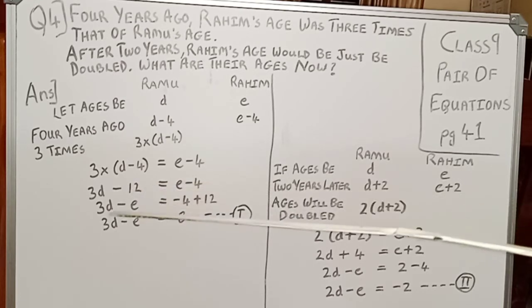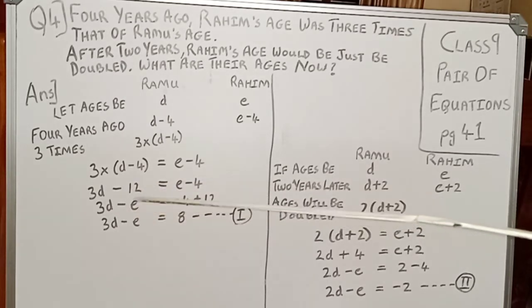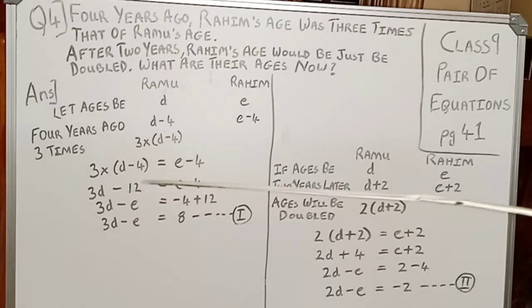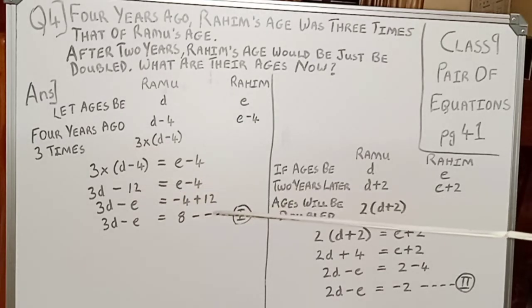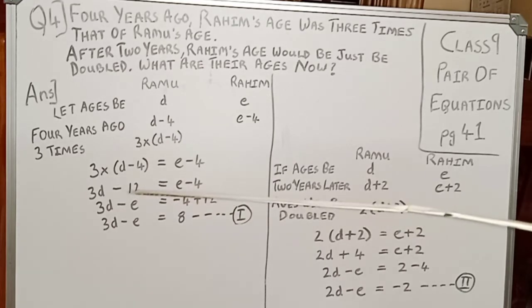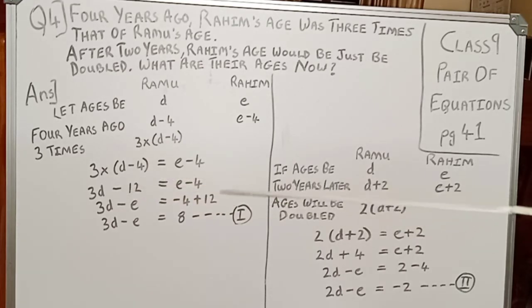So that is how we got 3D minus E, and this minus 12 will go to the opposite side and it will be plus 12. So that is how we got this minus 4, we have brought it from the top, and this minus 12, when it goes to the opposite side, it will be plus 12.